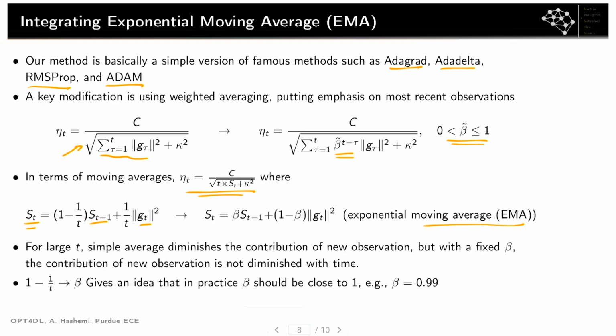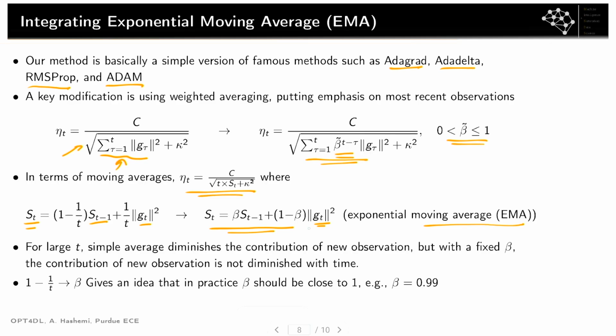It's exactly identical to this one. It turns out that what I have here is roughly also equivalent to what I'm writing here, which we call exponential moving average. The variance at time t is some beta times the previous variance plus 1 minus beta times the current observation. It's basically a convex combination of s_{t-1} and g_t.